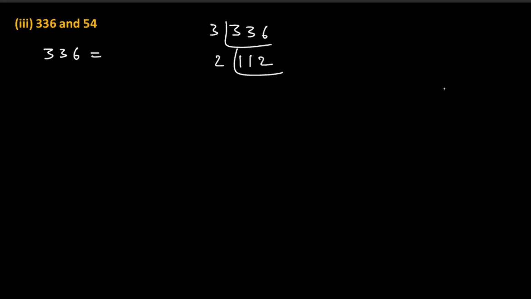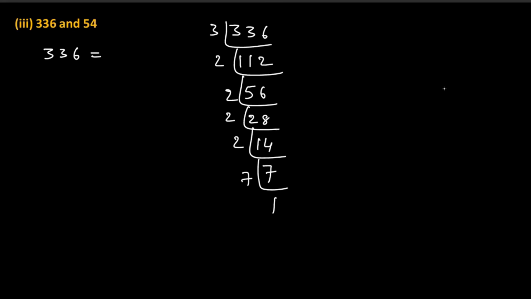That's why I chose 3 first, but always choose the small number first. 2 fives are 10, 2 sixes are 12. Again an even number, 2 twos, 2 eights, again an even number, 2 fourteens and 2 sevens. 7 is a prime number. So for 336 you can write 3 into 2 into 2 into 2 into 2 into 7, that is four 2s.